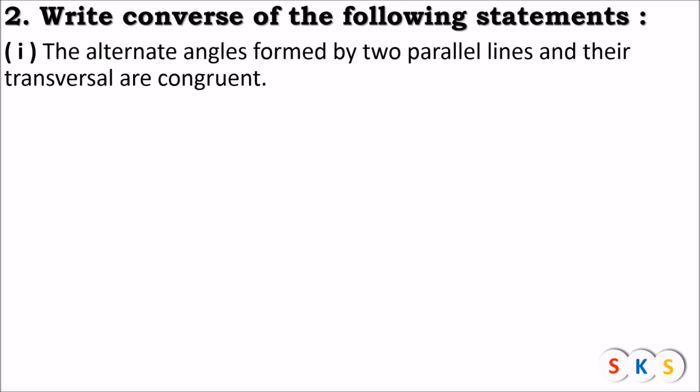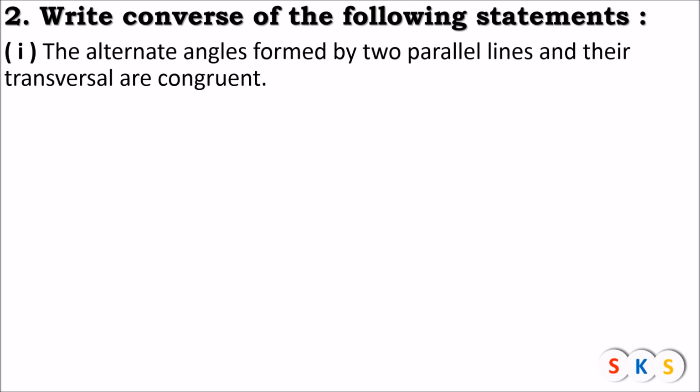So what is the consequent? Alternate angles are congruent. This part we will write after the word then. Whatever is left in this statement, that is two parallels, would be the antecedent of the given statement. It means it will come after the word if.